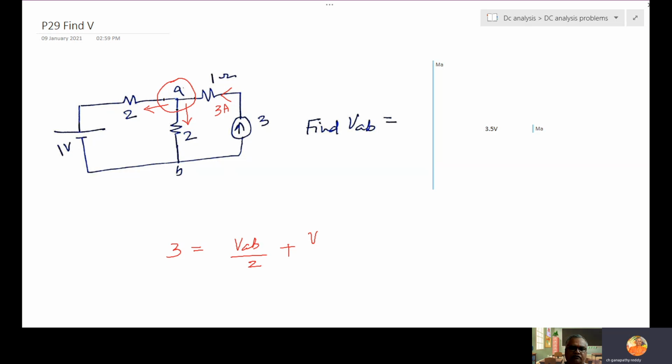Even here also VA by 2. This B is grounded, so 0. So VA by 2 plus (VA minus 1) by 2. This is a simple one. Solve for VA. We will get 3.5 volts. I prefer nodal because of the voltage. You can also solve by mesh, but that will take more time.